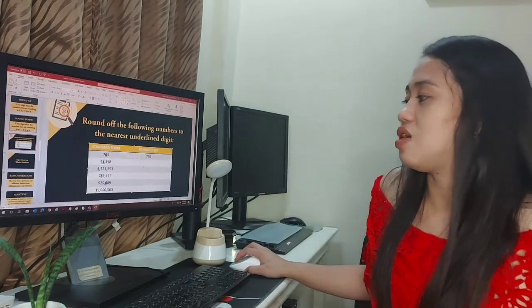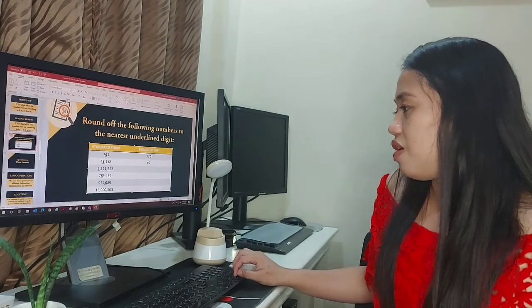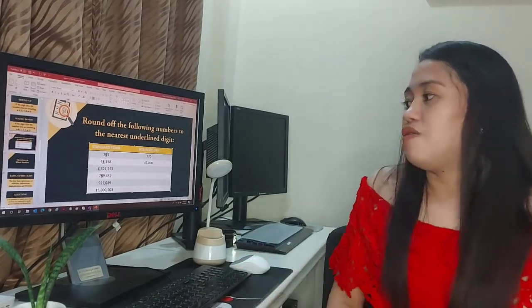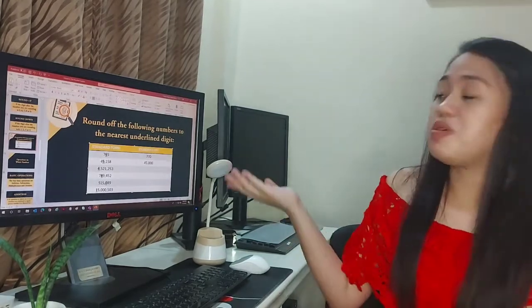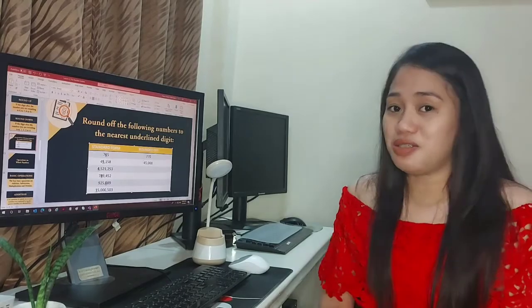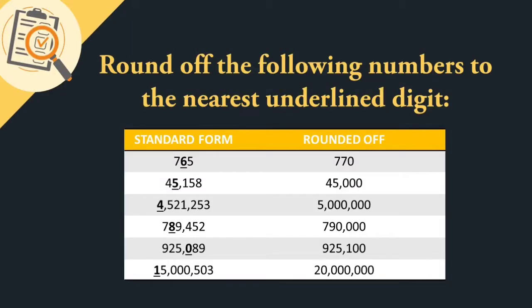So, it becomes 45,000. So, it's rounded down, diba? From 45,158, it becomes 45,000. Okay? And again, in the essence of time, I will display on the screen the answer for the next given ones.